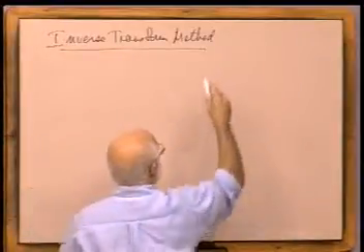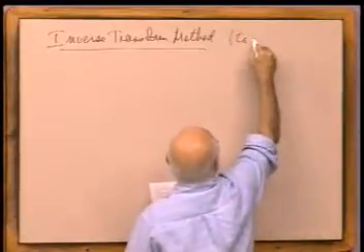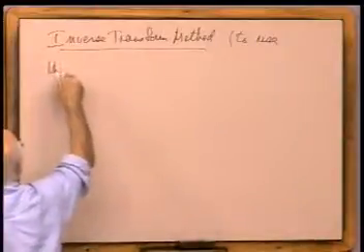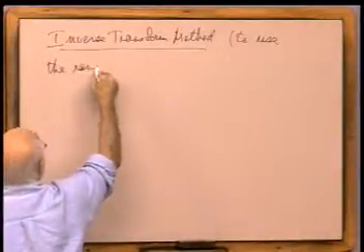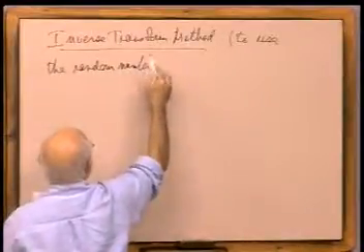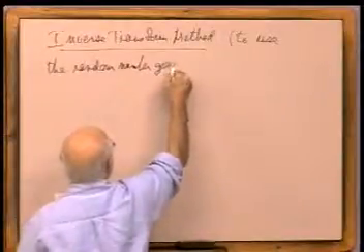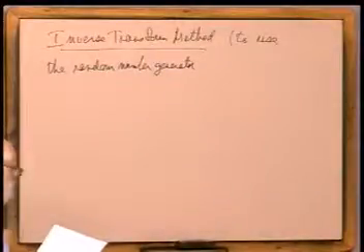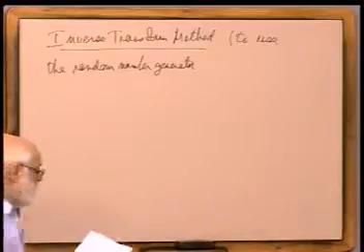And what it is for is to use the random number generator. So you're assuming that the computer can generate random numbers, has a random number generator. And in fact, we're going to test whether that's true or not. I mean, we know it has it. We're going to test whether or not it works.